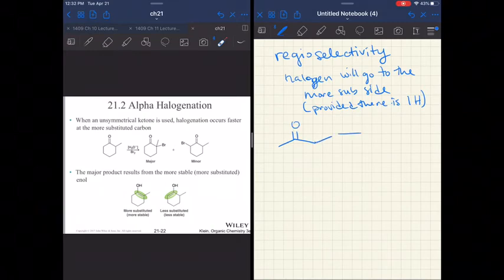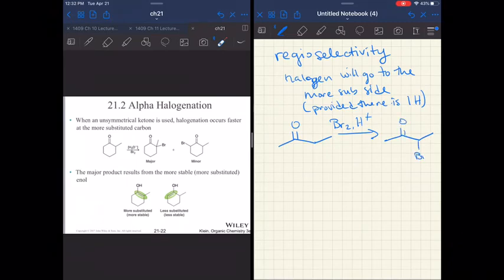So we have an asymmetric ketone here. If I use Br2 and acid, that bromine is going to selectively go to the more substituted side as the major product. It has to do with the enol that forms.